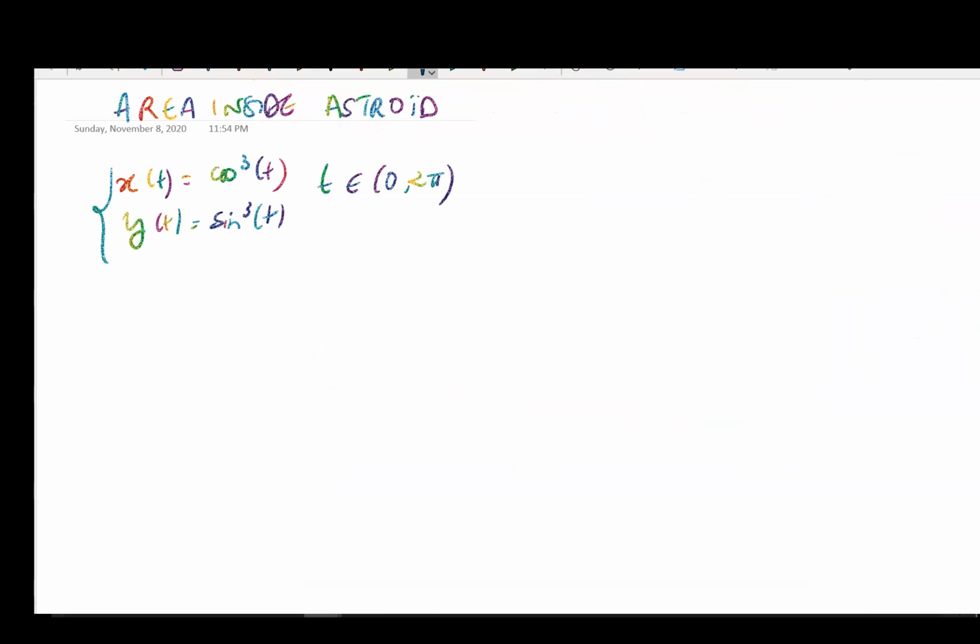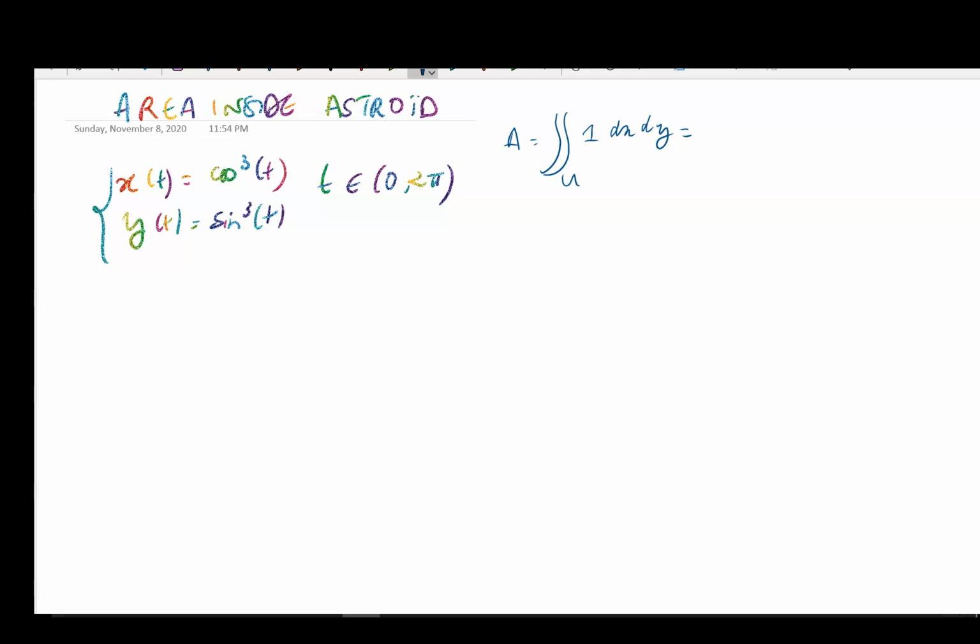What we want to compute. So let me remind you of the formula that we have. Let's denote U the inside of this asteroid. So this area is, well, that's always true, it should be given by the integral of the constant one function on this domain.